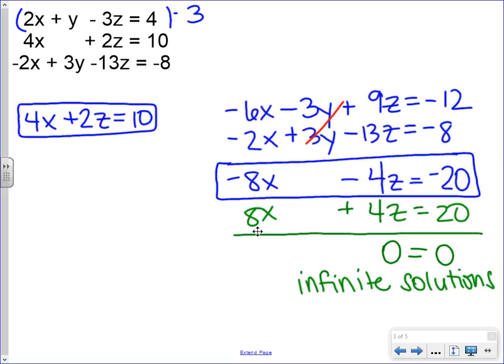So this is what you're going to do. You don't have the tools to write the equation of a line in 3 dimensions. In 2 dimensions, we talk about y equals mx plus b, the y-intercept and the slope. We are in 3 dimensions.